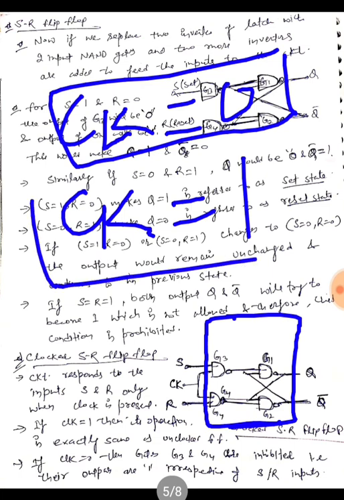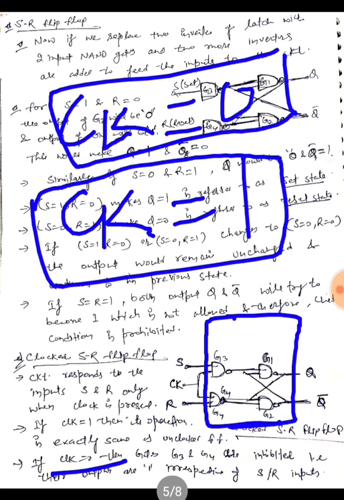It will only change when the clock goes high, that is at clock equal to 1, then its operation is exactly the same as the unclocked flip-flop. If clock is equal to 0, then the gates Z3 and Z4 are inhibited, that is their outputs are 1 irrespective of the SR inputs.